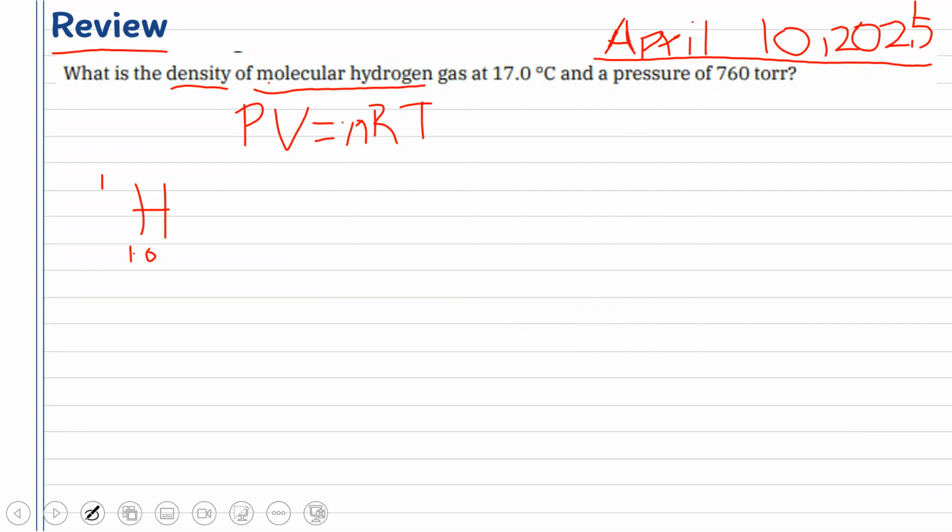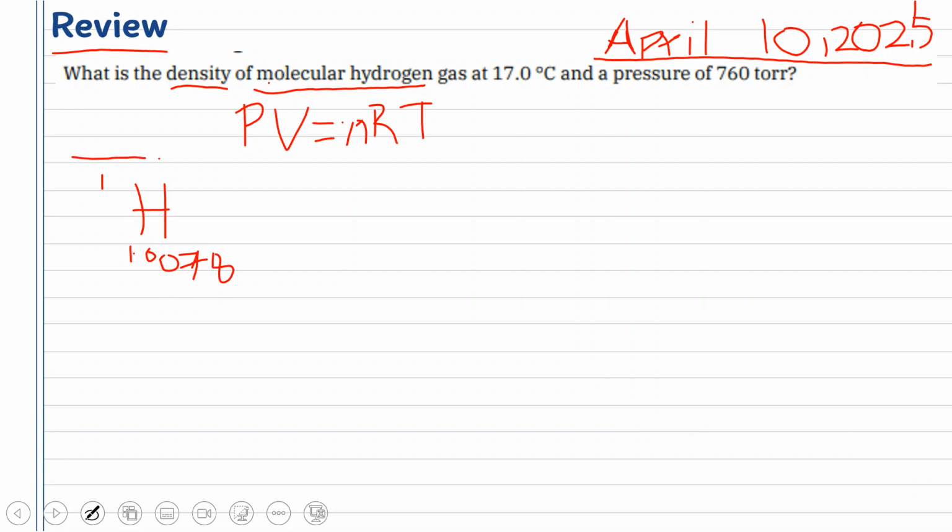So remember I told you anytime you are doing chemistry, make sure you have your periodic table close to you because you're going to need it. So let's look at the atomic mass for hydrogen. I'm expecting that you did this. And so the atomic mass for hydrogen is 1.0078.